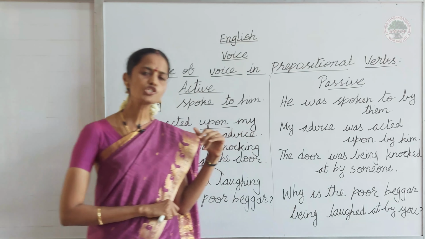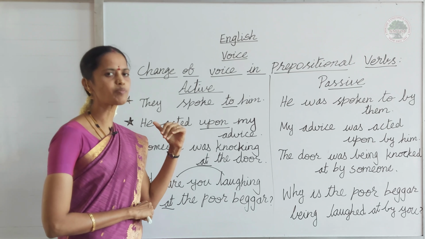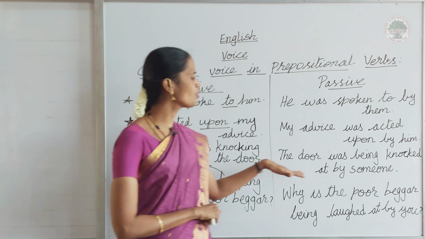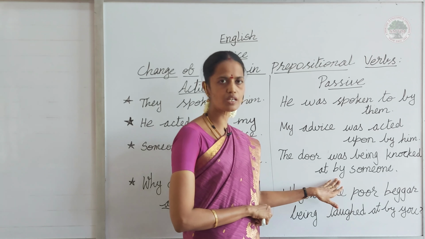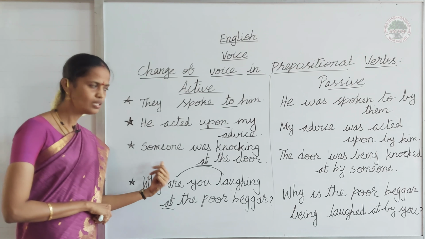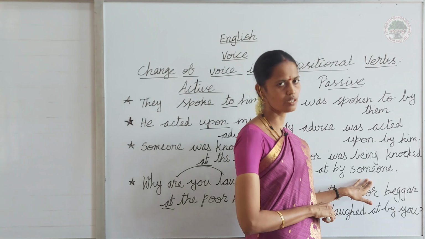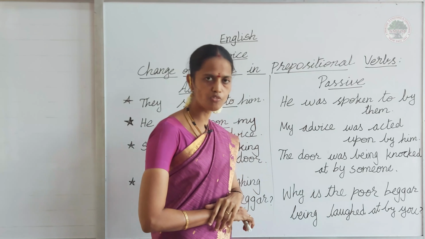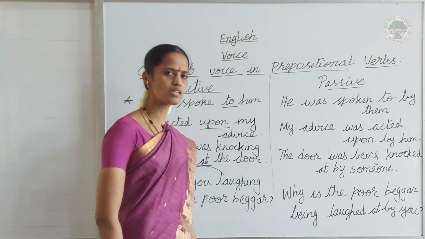Then you should not forget that we have to use that preposition along with the verb. That's why we have used "at" here. Then "by" as per rule we are introducing. Then the subject is "someone" here. We brought that subject in the place of object, "someone". Okay. So, "The door was being knocked at by someone."